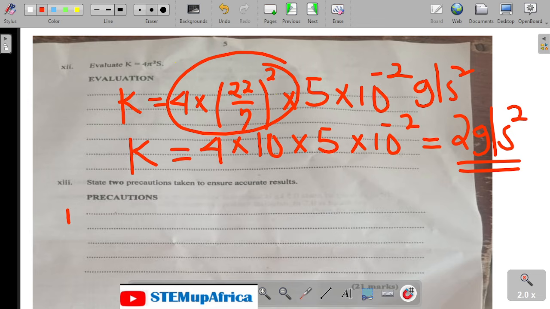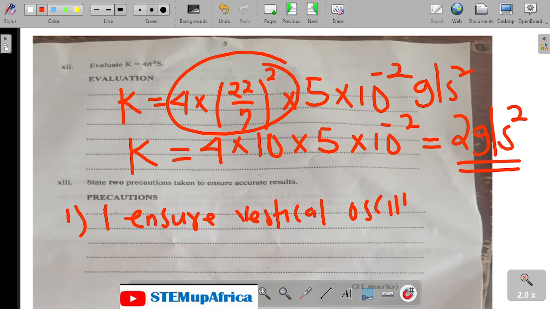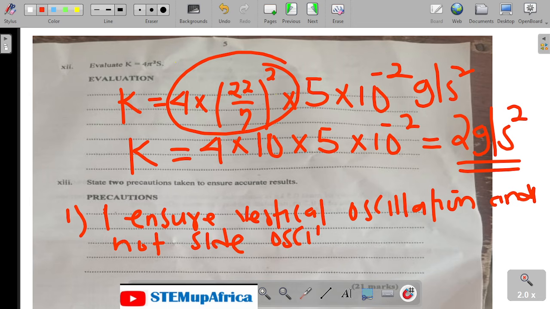One, you must make sure you ensure vertical oscillation and not side oscillation. So this is a vertical oscillation.